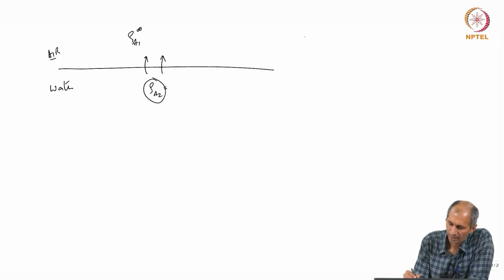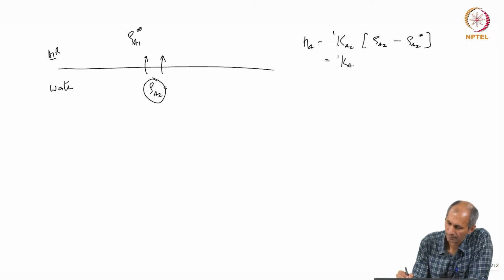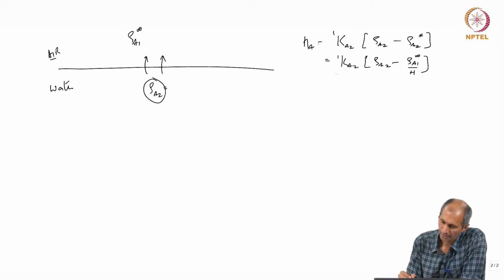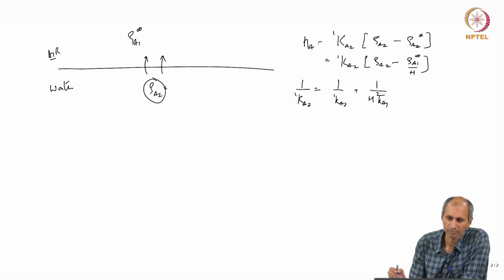So, we have Na equals capital Ka to 1 into rho A2 minus rho A2 star, I will write it as rho A1H, so rho A1 infinity. Okay. Now, 1 over capital K to 1 equals 1 over small k to 1 plus 1 over small k to 2, is that correct?